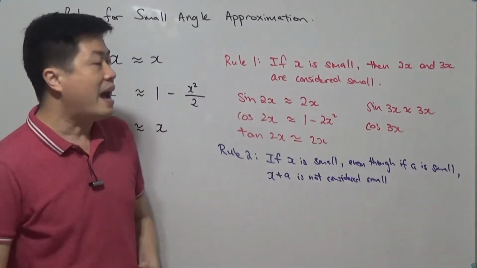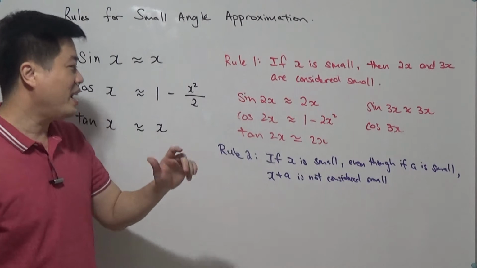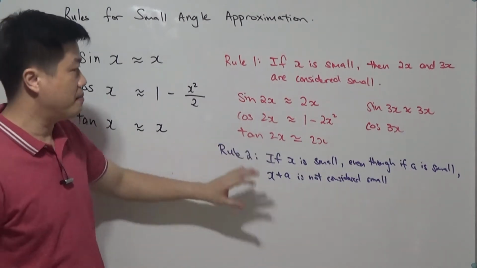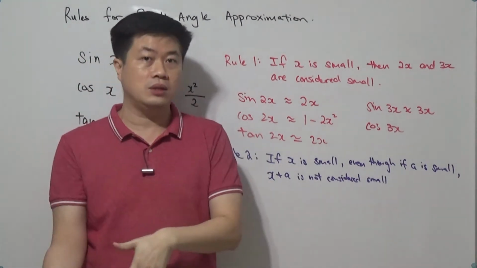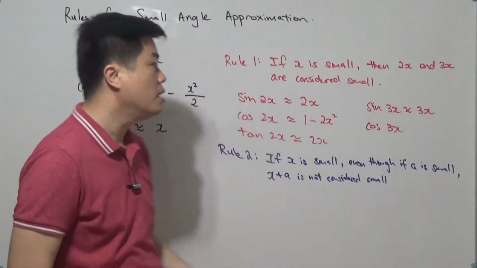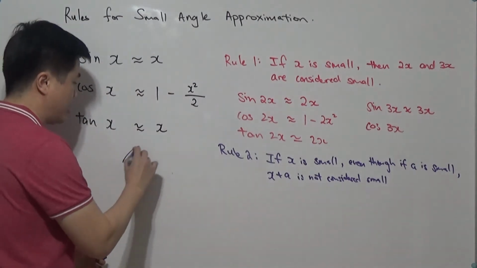The way I explain this is, we will replicate what the notes say, but I think it's easier to look at it from graph transformation. When you have the graph for sine x, it goes this way.